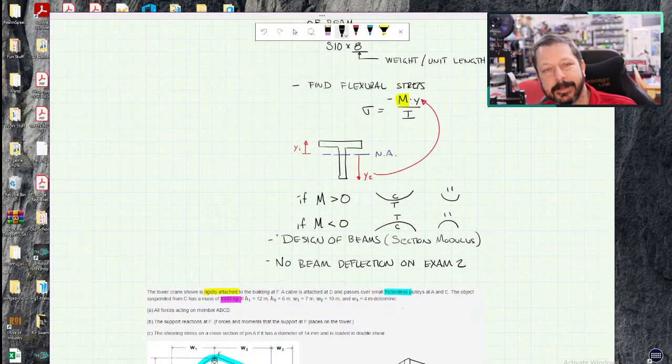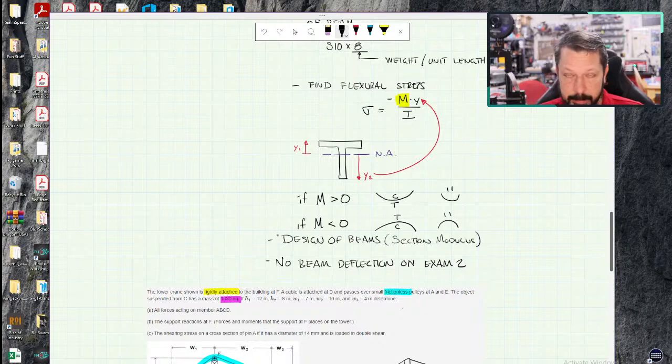Instead of designing the beam, you're calculating the necessary section modulus, and then of the beams available to you, which in your exam will just be a multiple choice list of beams, which one is the one that has the necessary section modulus, so it has enough, and is the lightest weight of the ones that can support the load. So that would be the correct answer.